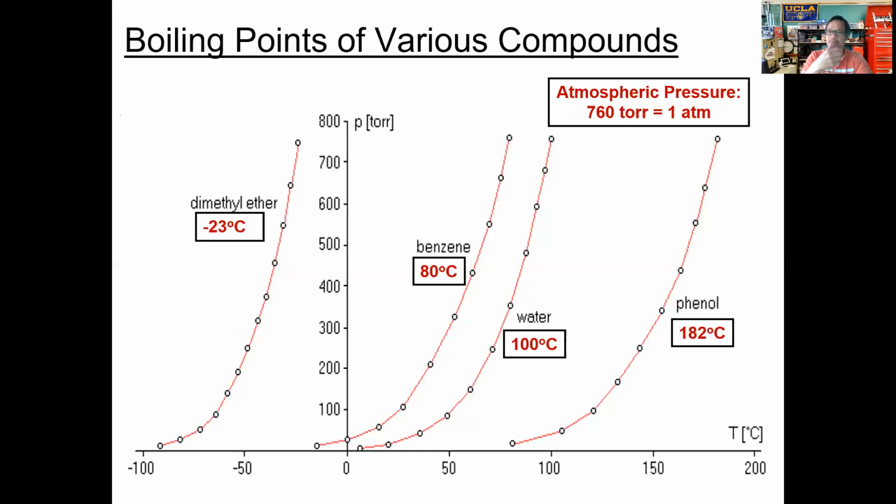Those bubbles we see represent the vapor particles of the liquid. These are not air bubbles, these are bubbles that form from the vapor of the liquid. The reason is that the particles underneath the surface are able to get enough kinetic energy to break the attractions they have for their neighbors, and then they become vapor particles as well.